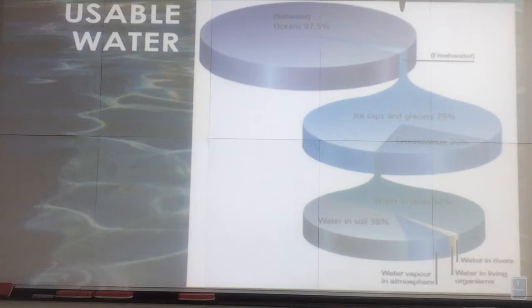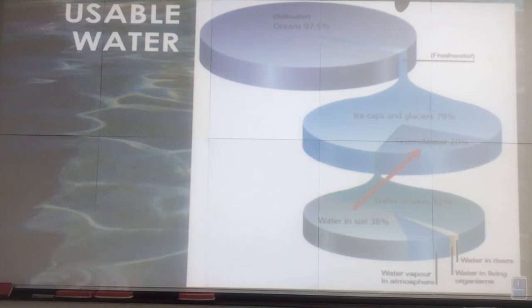Now, the water on earth is divided as such. You see, salt water is our most abundant water resource. It's over 97% of the earth's water. And just a small portion of that, about 3%, is fresh water. However, most of that fresh water is frozen. You can't drink it. Of that, about 21% is actually liquid fresh water, but most of that is in the ground.